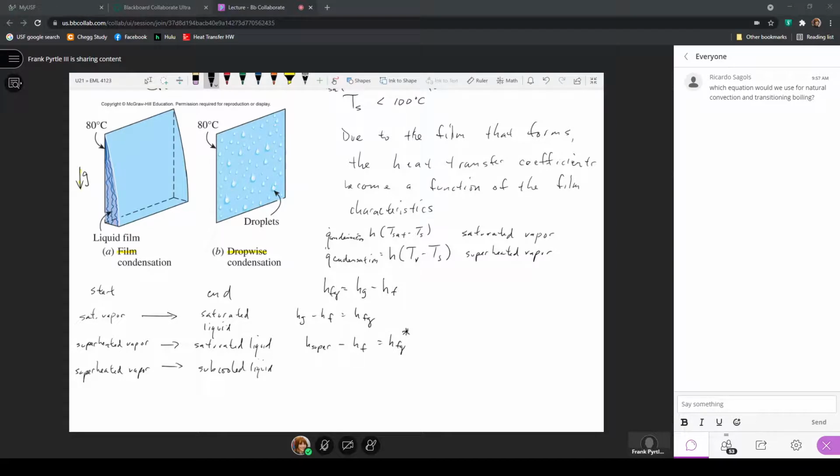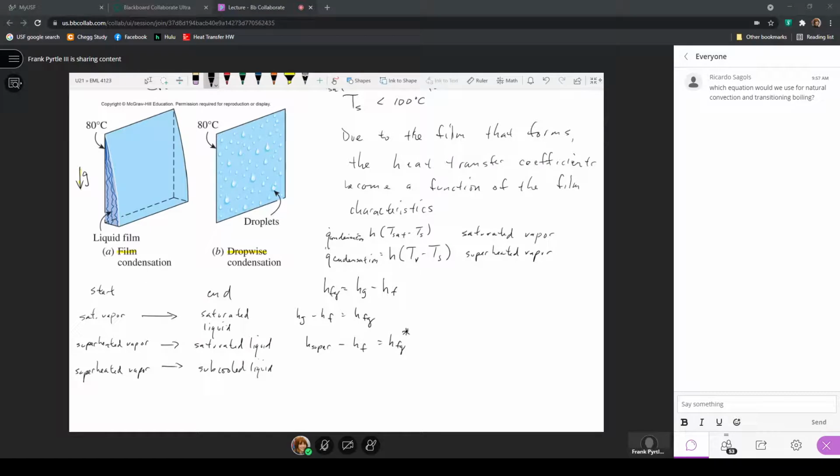So if your water is, let's say, at 20 degrees C, that means there's an 80 degrees C temperature difference between the state at which your water exists in the cup and 100 degrees, which would be the saturation temperature. If I wanted to boil it, I'd have to first get it from 20 degrees all the way up to 100 degrees before it would start to boil.